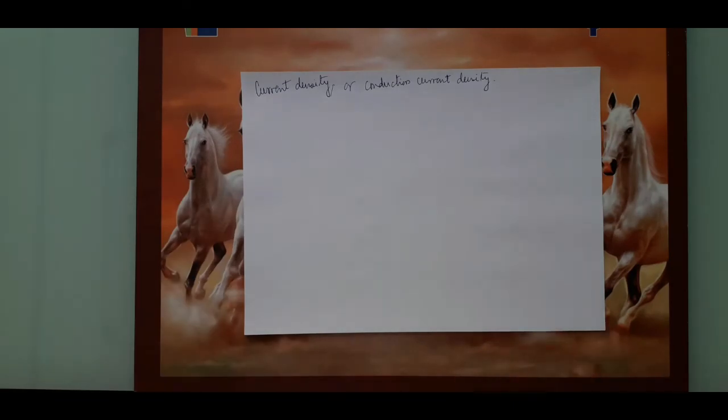In general, if I have a conductor whose shape is some arbitrary shape, then inside the conductor if charges are flowing, since the structure is not very well defined, it is often much more useful to define the current in terms of current density.